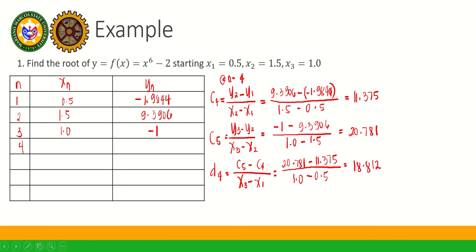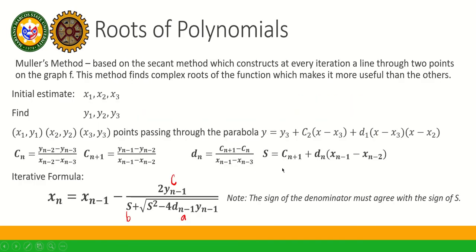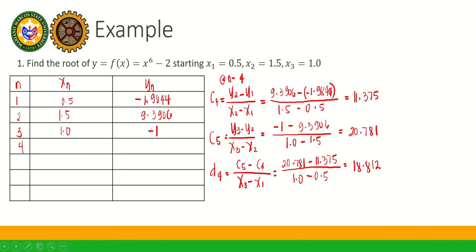Okay. So we are going to look now for the value of S na gagamitin natin. So, the formula for our S sa problem number 1, or iteration 1, is C sub 5 plus D sub 4 times x sub 3 minus x sub 2. Okay? So, yun yung gagamitin natin. So, this is iteration number 1 pala.